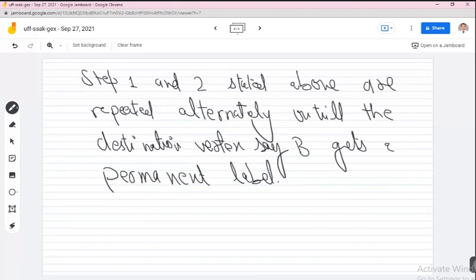Okay, we explain this algorithm by an example.